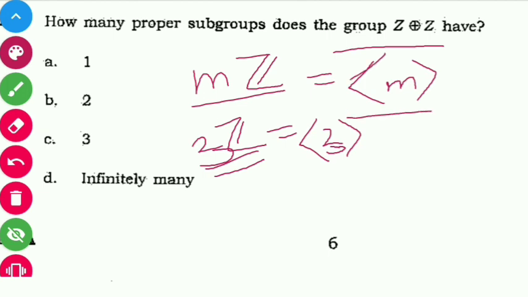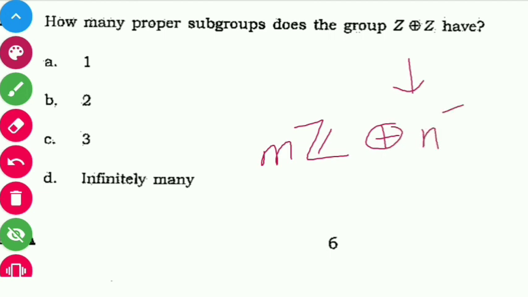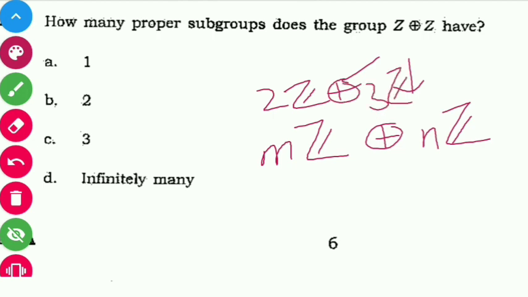Now Z has these subgroups, and for the other Z suppose it is NZ, right? So all the subgroups of this group are just of the form MZ direct sum with NZ, right? And this M and N need not be the same. ठीक है, तो मतलब यहाँ पे 2Z हो सकता है, उसका डायरेक्ट सम विथ 3Z भी हो सकता है ना. तो there are different possibilities for M and there are different possibilities for N and this M and N are integers, है ना.